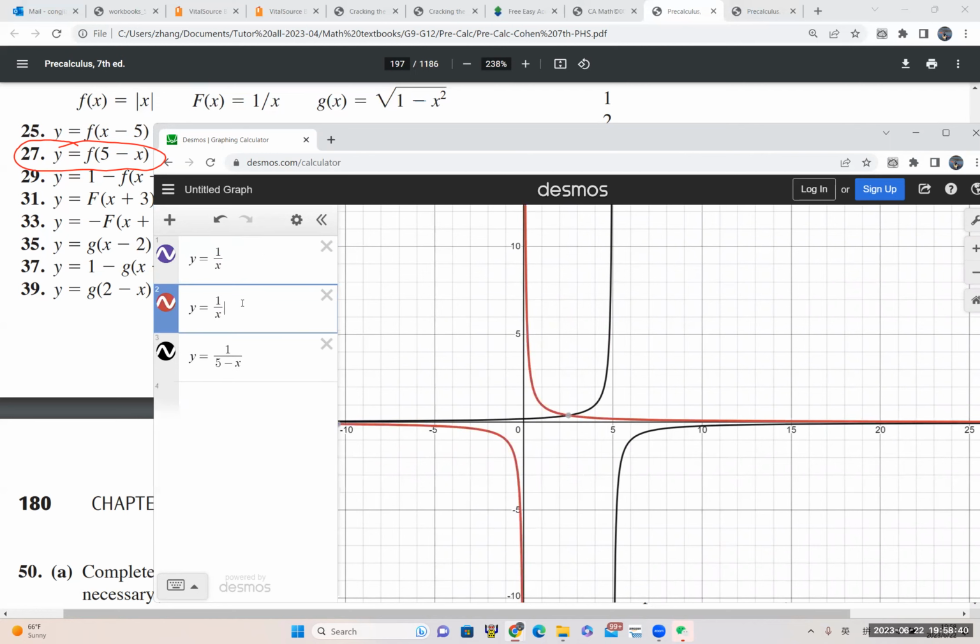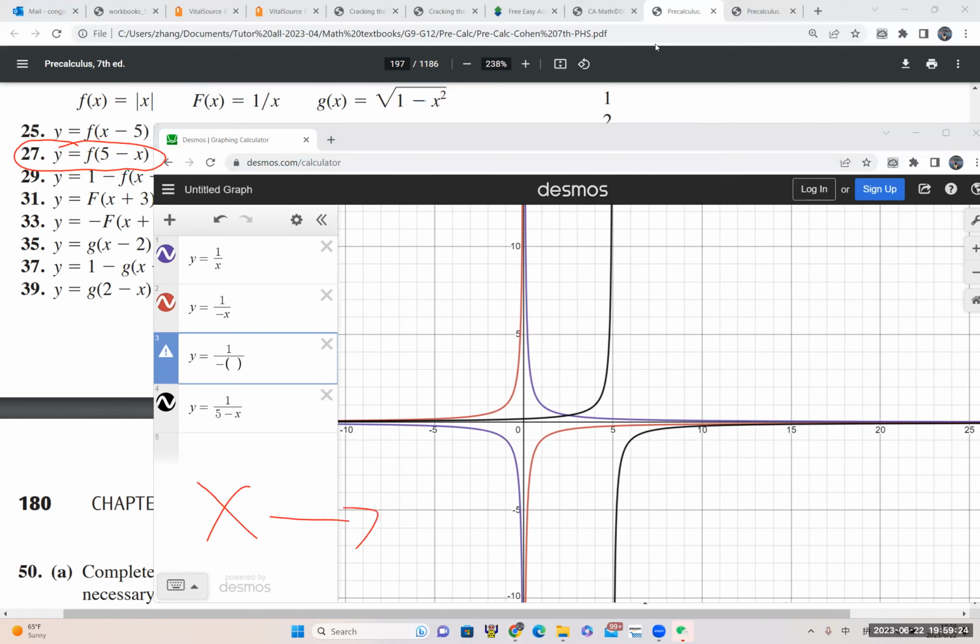First, reflect about y means x is replaced by negative x, right? Negative x, and we get the red one. Then starting from here, what should we do? Move right 5 units. That means x is replaced by what? If you move right 5 units, how do you change x?